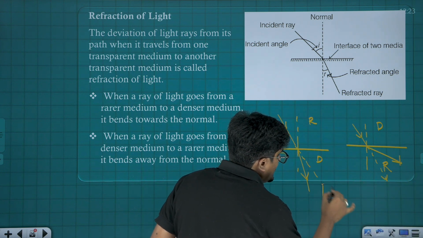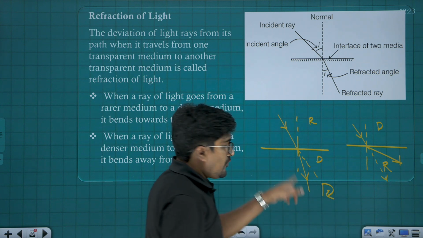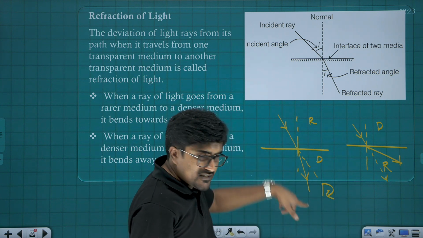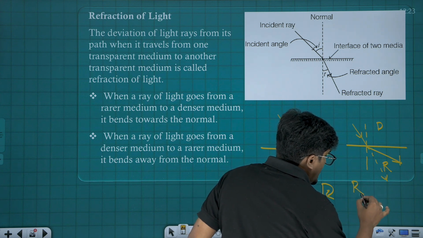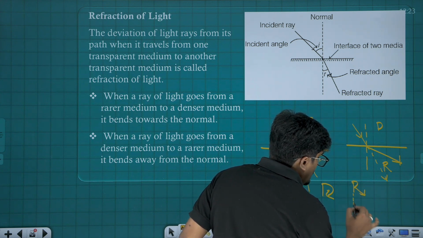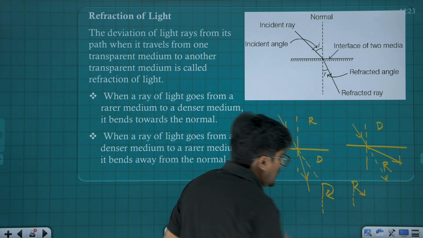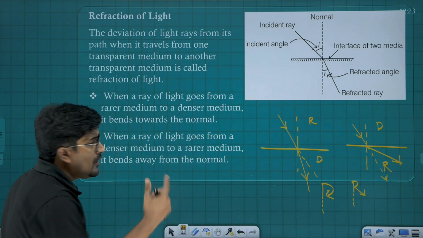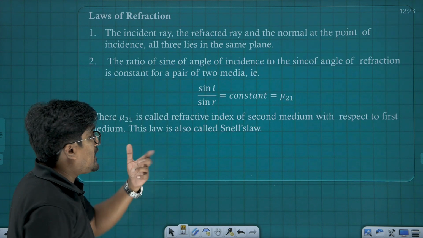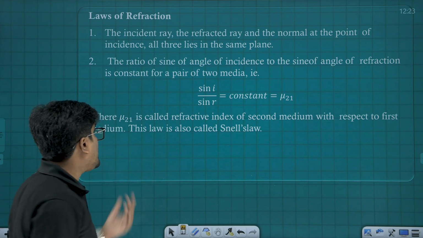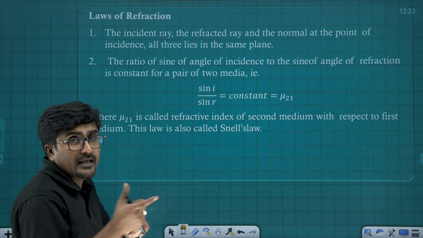So I basically treat it like this. Moving towards denser medium, bend towards the normal, and moving towards rarer medium, it moves away from the normal, provided I treat this as the normal. Okay, this is how at a basic level we can understand the thing. At a basic level you can keep it in your brain just like a tip.